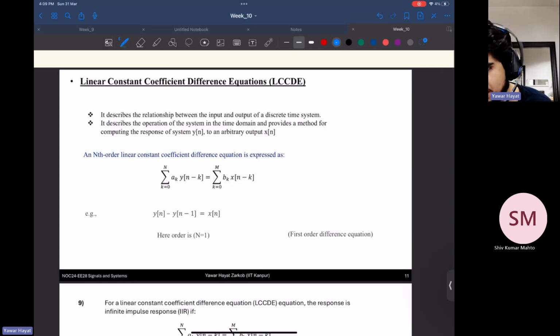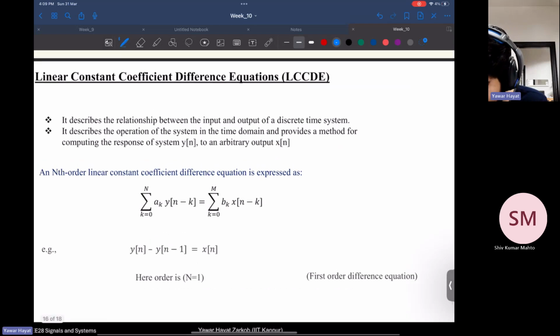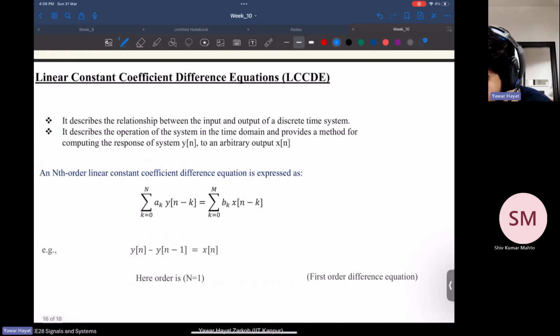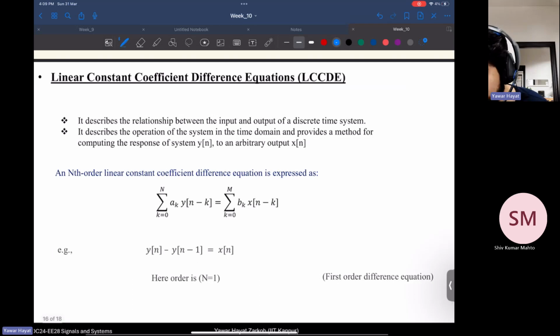It describes the operation of the system in the time domain, and it provides a method for computing the response of the system to an arbitrary input x of n. The reason why I'm discussing this LCCDE is that the next two questions will be simple ones on this LCCDE, and we just need to use the definition for it.